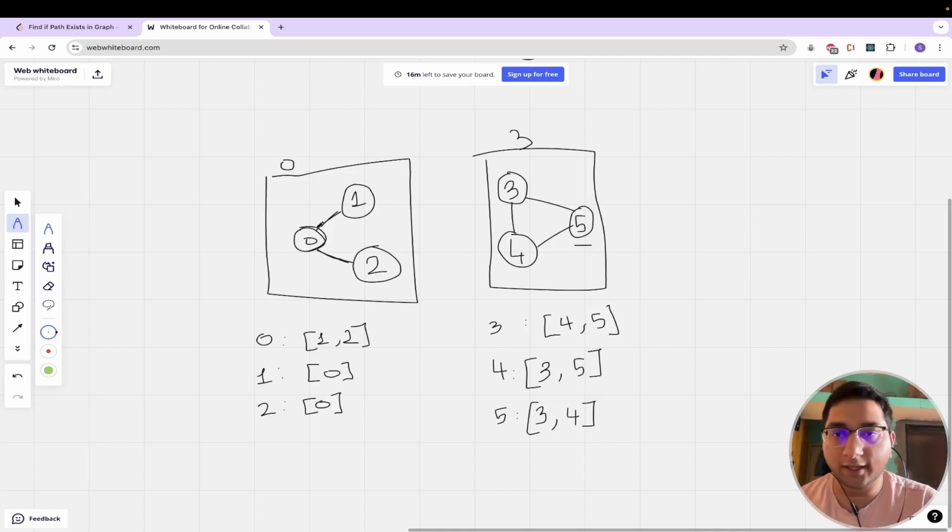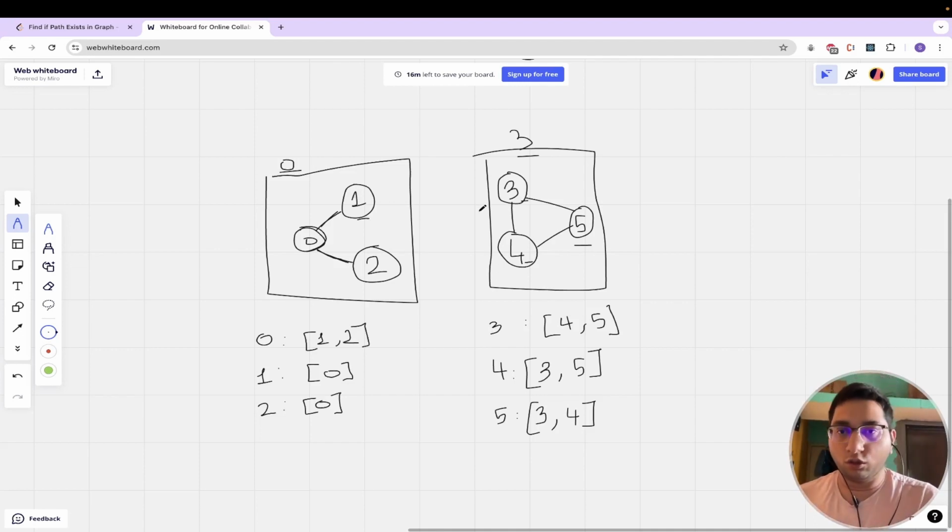So all the vertices will have root 0 here, and over here all the vertices will have root 3. Now for a given source and destination we will simply check if they have the same root or not. If they have the same root, then the path exists between that source and destination, and if not, then the path doesn't exist.